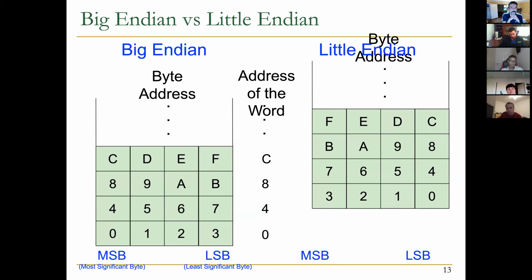But in the big endian model, the first addresses start from the most significant byte. So you see that on the left-hand side, the first address is put on the most significant byte, and as you go to the right, 1, 2, 3, 4, 5, 6, 7, and so on. So hopefully this is clear.